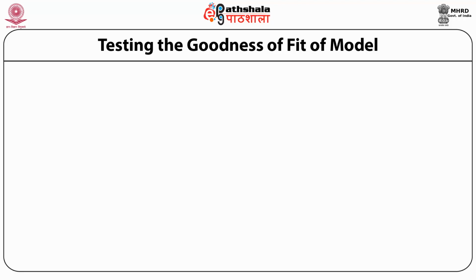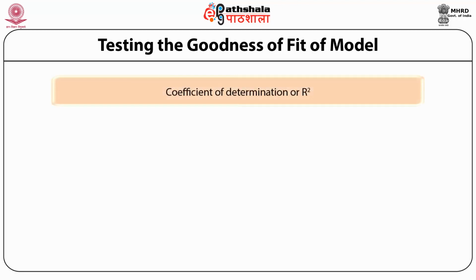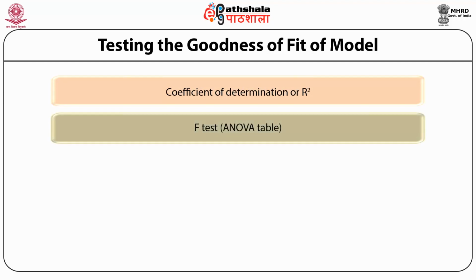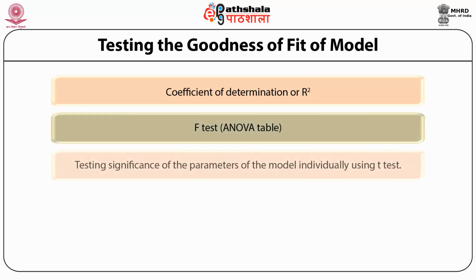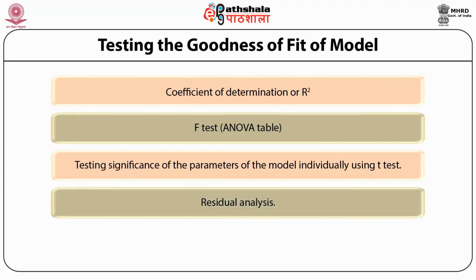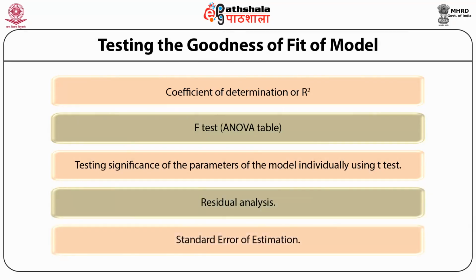Number one is the coefficient of determination, R square; then the F test; and we can also test the significance of the parameters of the model individually using the t-test; residual analysis, which we have already discussed; and the standard error of estimation, undoubtedly the most commonly used parameter of our estimation.